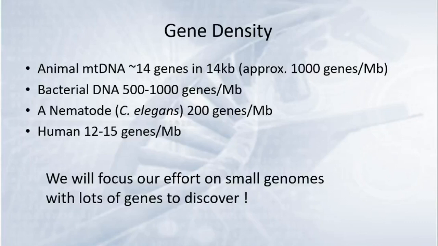So one of the ways that we can think about genomes is to think about gene density. And so that can go from very highly dense genome structures like our own. One of the genomes that we have in our cells is the mitochondrial genome. It encodes a very small number of genes, but in a very small amount of space.